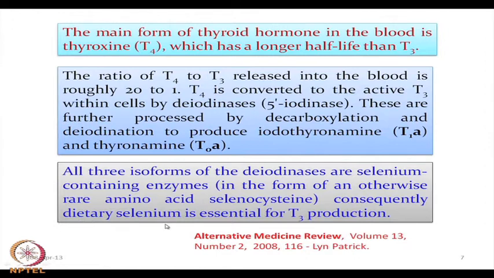And therefore, like iodine, in our food material, in our diet, we should also have selenium, which is essential for the production of T3.